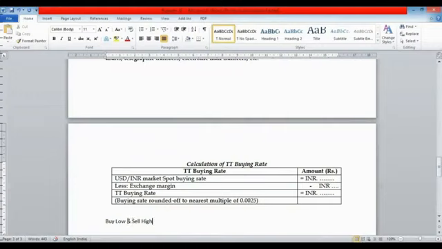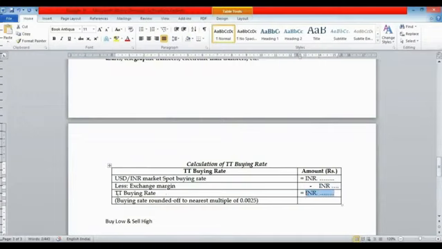So the bank buys low. This is the rate quoted by the interbank market, so the bank has to reduce this rate. That is why the exchange margin has to be deducted. When we deduct the exchange margin, only then will the rate become a low buy. And whatever we get will be the rate quoted to the customer, which is called the TT buying rate.